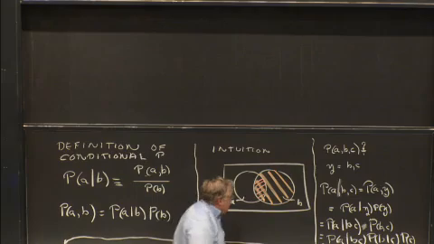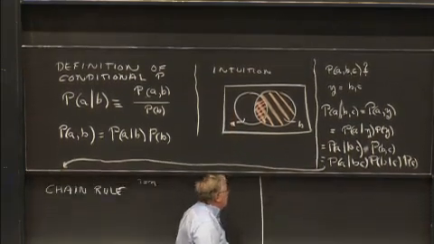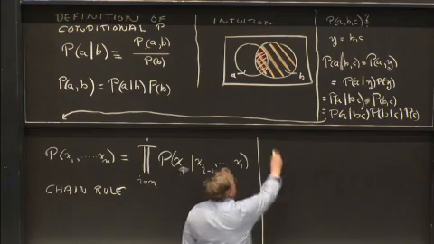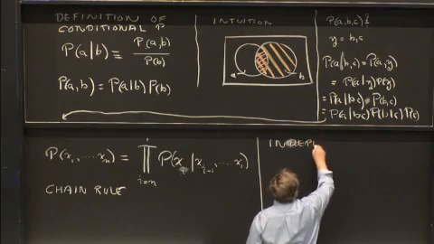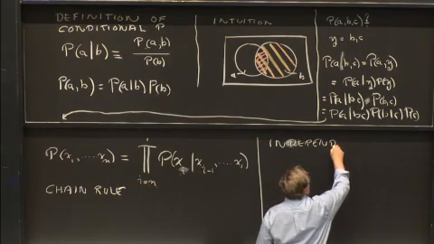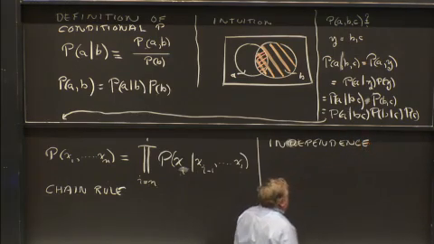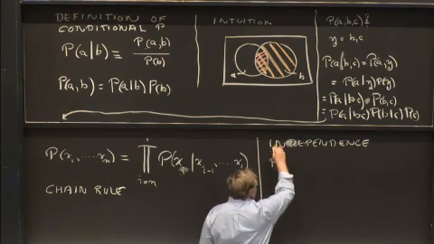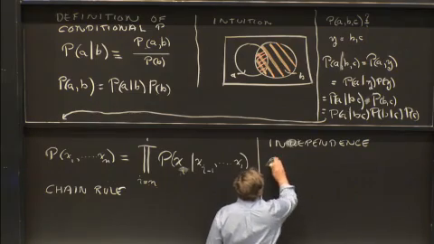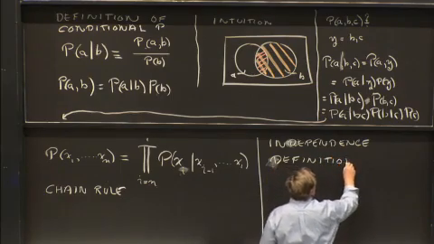And now I want to go to the definition of independence. So that's another definitional deal, but it's another definitional deal that makes some sense with the diagram as well. So the definition goes like this.